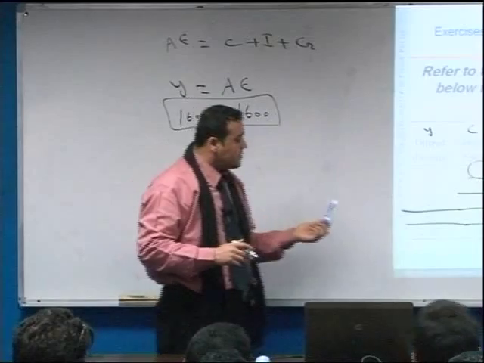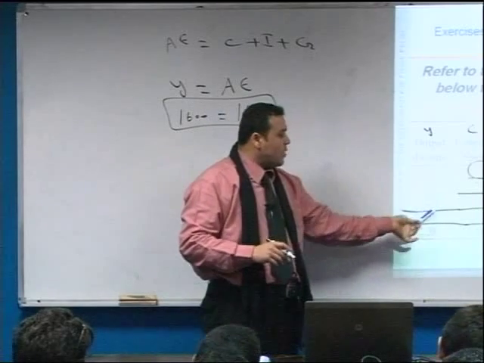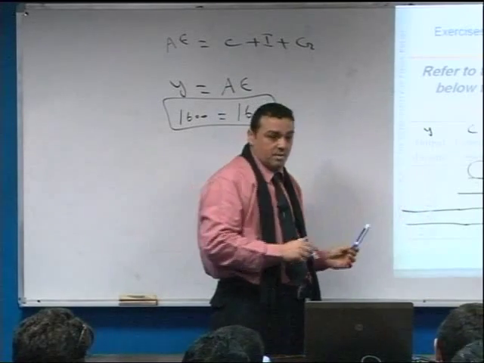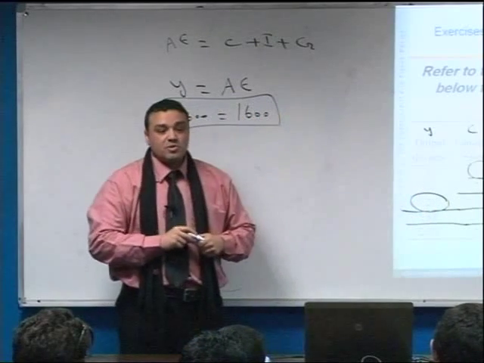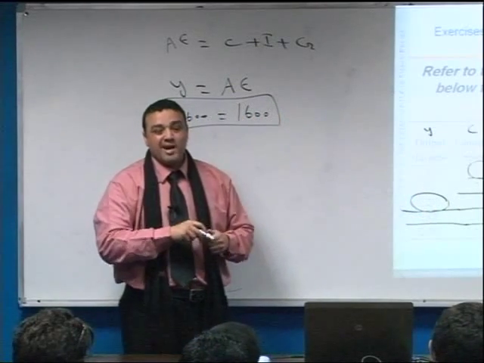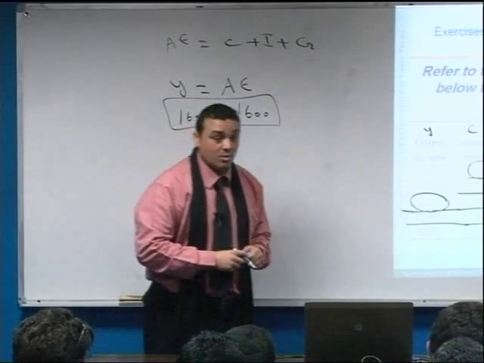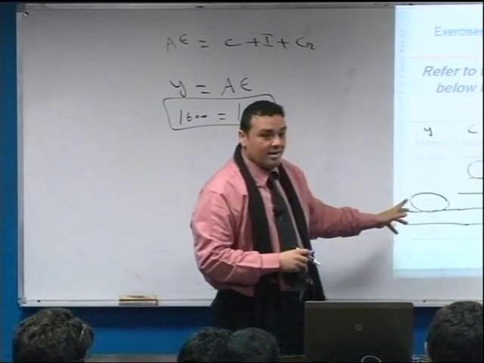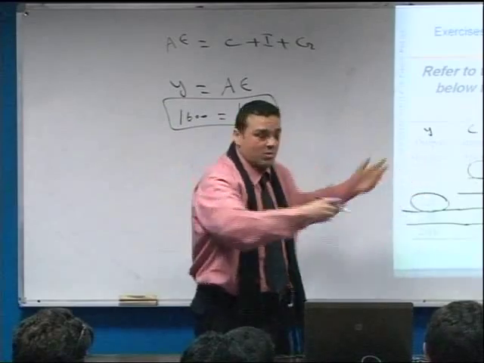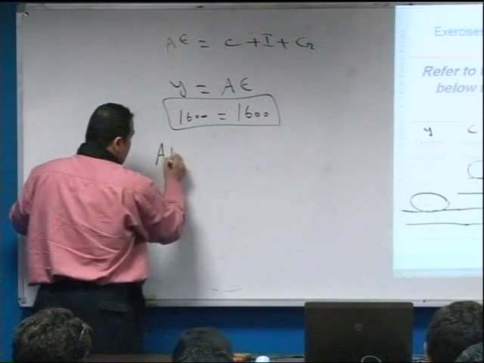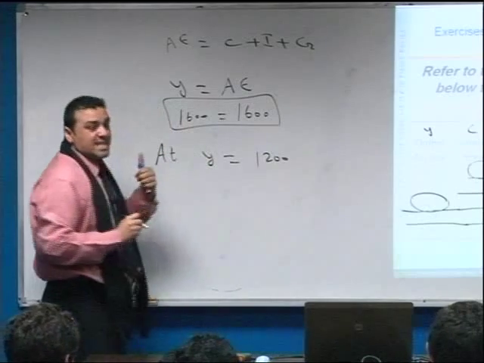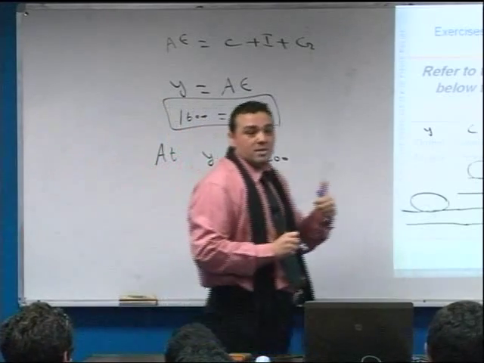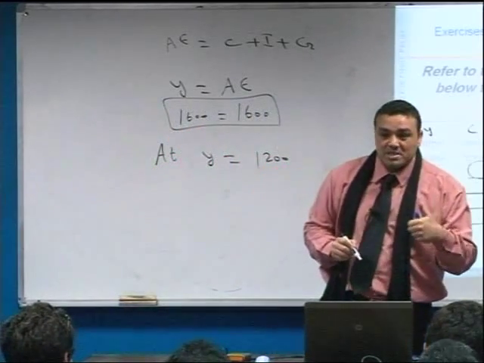Suppose Y equals 1200. Is there a positive or negative unplanned inventory change? By how much? So let's write the question. At Y equals 1200, is there a negative or positive change in business inventory?